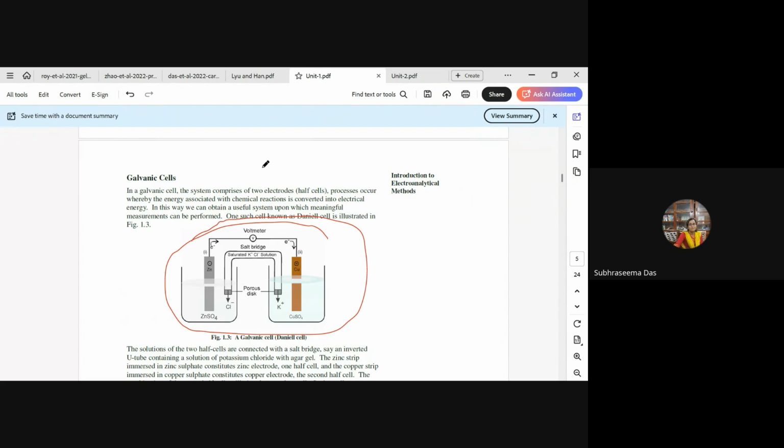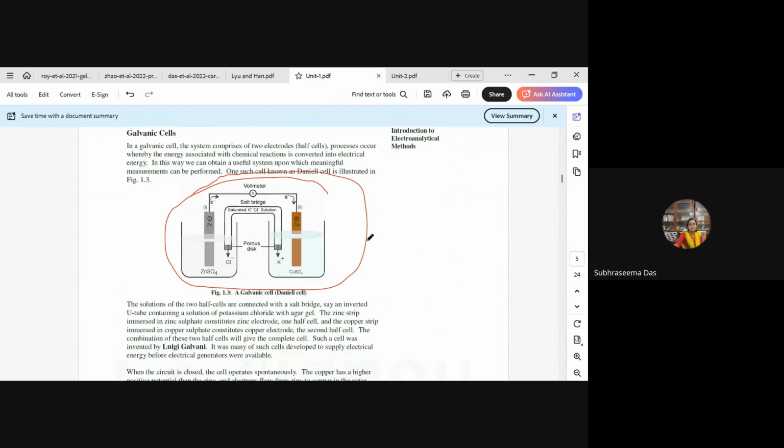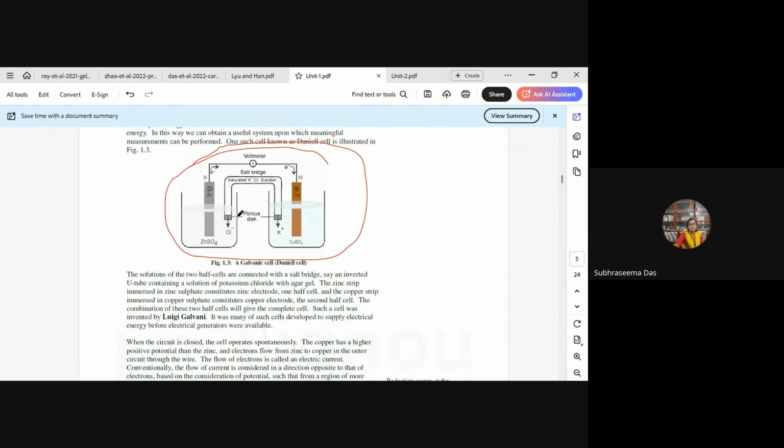This galvanic cell is also called a Daniell cell, and it is shown here in figure 1.3. The solutions of the two halves, the zinc sulfate solution and the copper sulfate solution, are connected with a salt bridge. As you can see here, saturated KCl solution is taken, and this is the salt bridge.